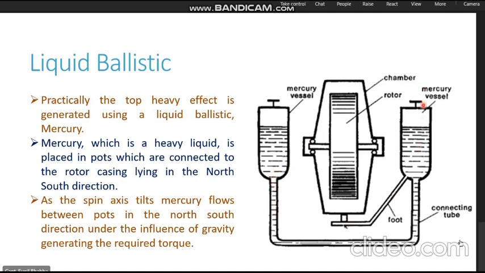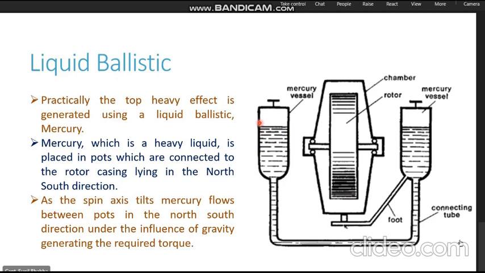Now when the north pot goes up and the south pot has gone down, mercury will start to flow from the north pot, which is upward, to the south pot, which is downwards. That's because of gravity. So when the north end of the spin axis is tilted up, mercury starts to flow towards the south pot, which is at the bottom.